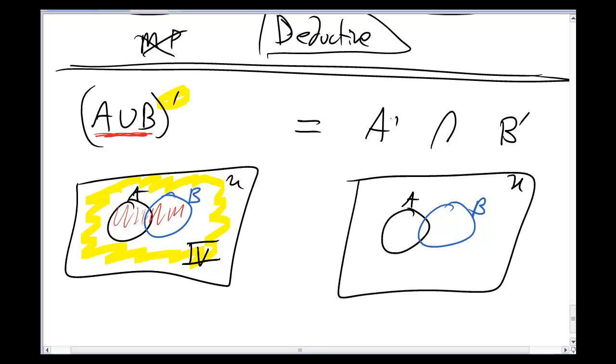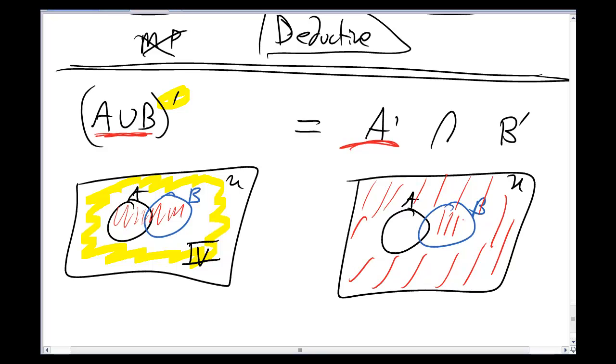If, on the other hand, I talk to you about A complement, all the stuff outside of A, which is all of this stuff from region 4, but it's also this stuff in here. And then if I talk to you about B complement, well, that's all the stuff outside of B, which is all of this stuff, as well as this, because this is outside of A, outside of B. Now I'm trying to find the intersection.